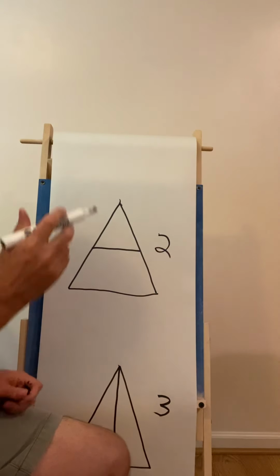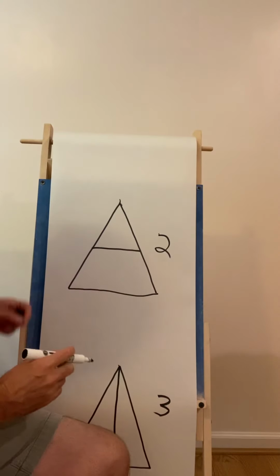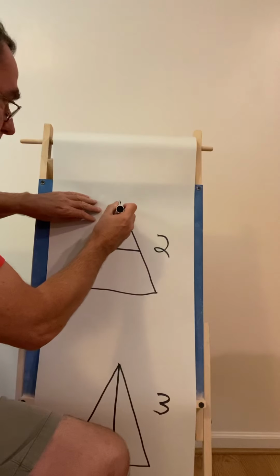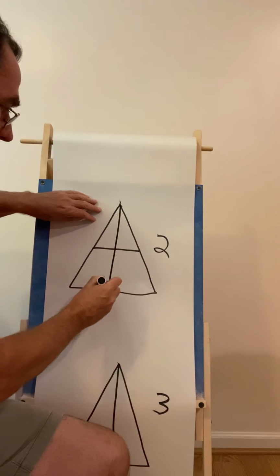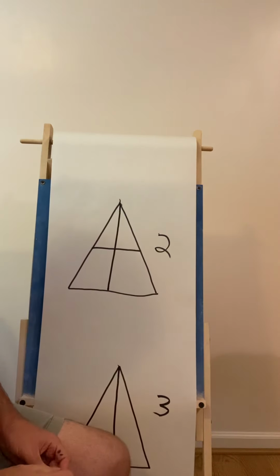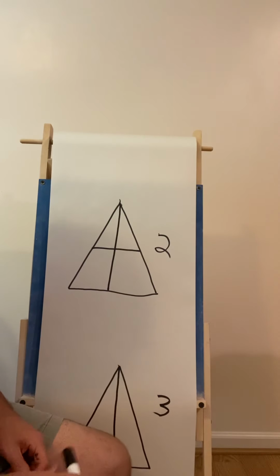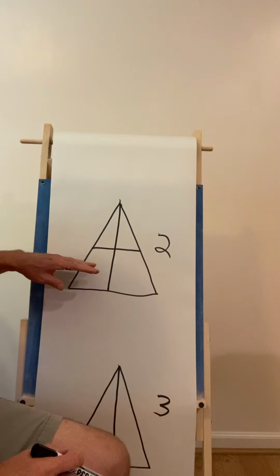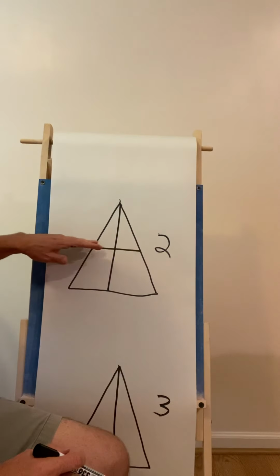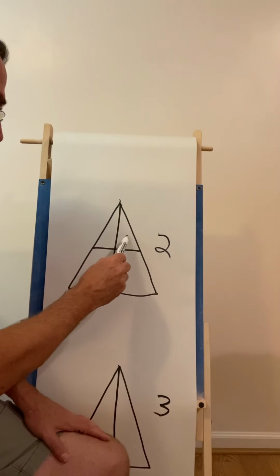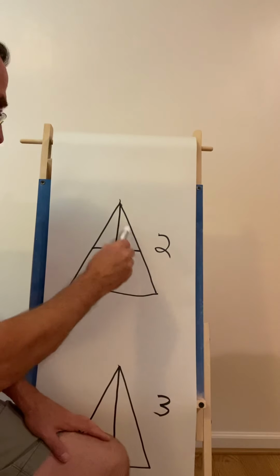So now, let's take the same picture where we see the 2, and let me do what I did before and draw one down the middle. And see if you can tell me how many triangles are there now. Well, if you recall our previous diagram, if we look at just the top picture, what we have is the triangle on the left, the triangle on the right, and the top triangle.